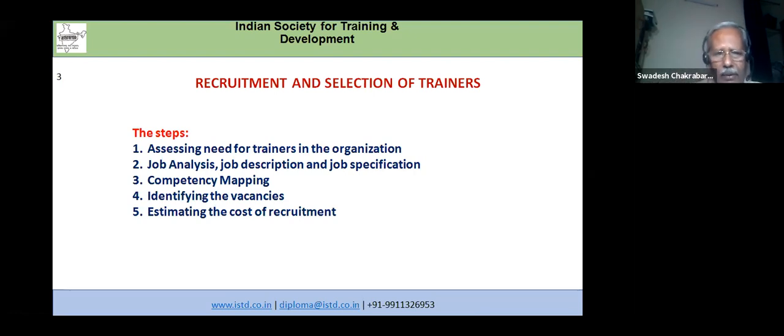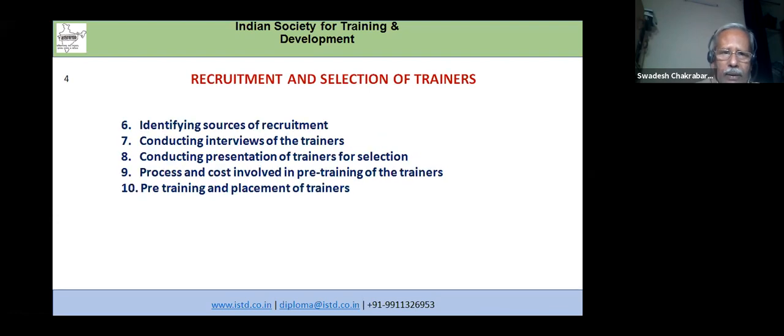That is also important. Let us go further. The next step is identifying the sources of recruitment. When you find that these are the requirements, these are the kinds of competent people you require, then we have to identify the sources from where we can get those people. And those sources may be different places.